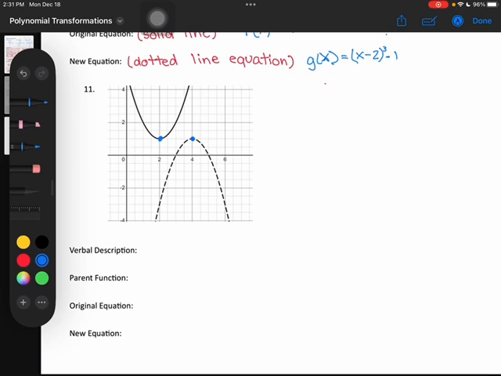So to go from this point to that point, I didn't change how much it was up and down, but I did change how much it was left and right, and it was moved 2 units right. And then I can clearly see that it's facing a different way. So for this one, if it's going to face a different way, that means that it's reflected over the x-axis.